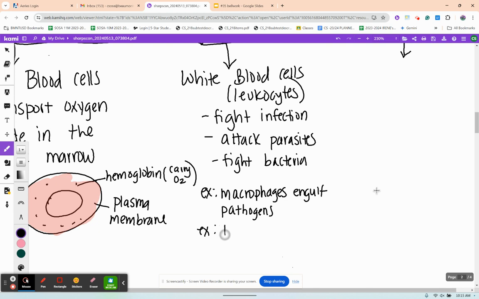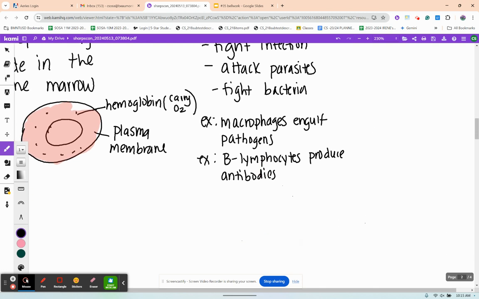These pretty much produce antibodies to fight infection. Our T lymphocytes fight tumors and viruses.